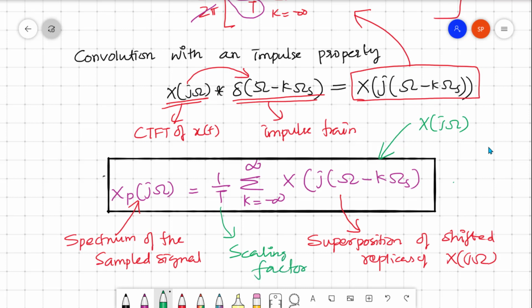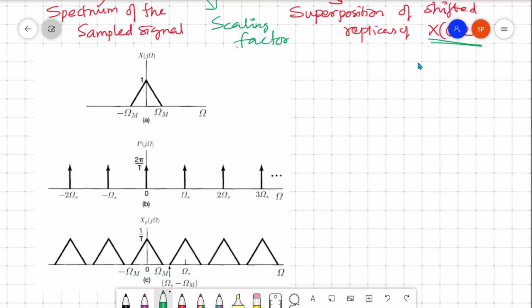So if you find the CTFT of Xp of t, our sampled signal, we will get a superposition of shifted replicas of X of j omega. So observe this picture.